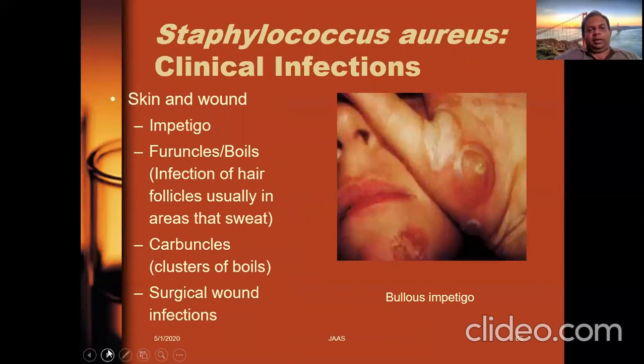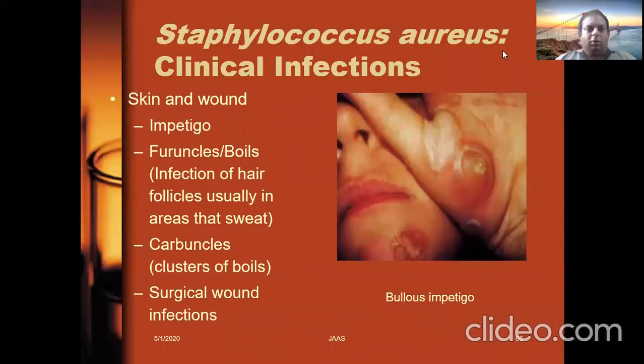So clinically, I said it's a skin and wound infection. Clinical infections: skin and wound, impetigo. They cause furuncles, boils. They act on our hair follicles, usually in highly sweating areas.